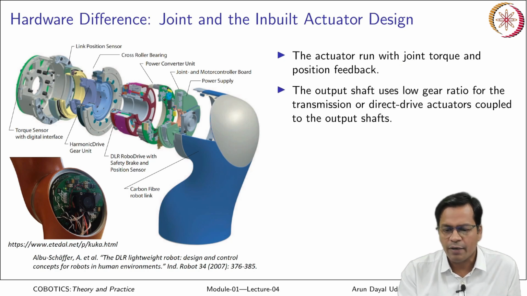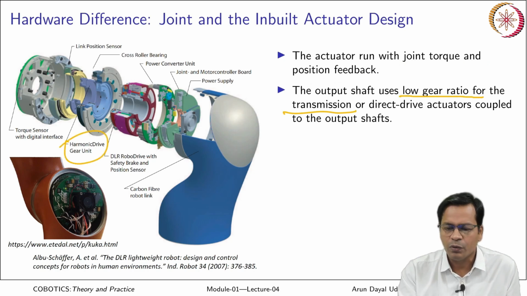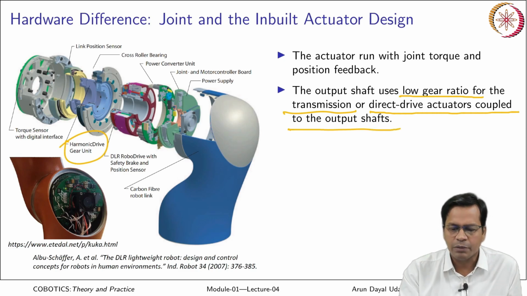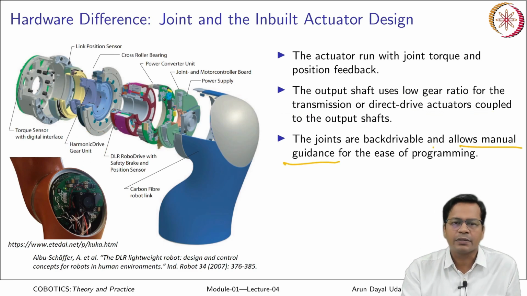The output shaft uses low gear ratio for the transmission. The gear ratio of this is very low, or sometimes it uses a direct drive coupled to the output shaft. There is no gearbox at all, so it makes it completely back drivable. The joints are back drivable. This allows manual guidance for the ease of programming, lead through programming and those.